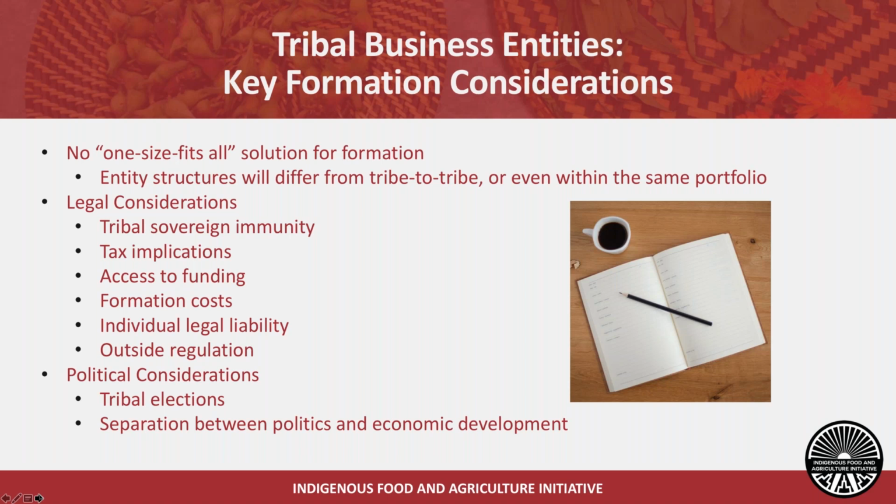There are different formation costs. If you're going to consult a local attorney or a financial professional, if you're going to have to pay a filing fee with the Secretary of State, or whatever filing fee the tribal government might set up, those are things to be cognizant of. Individual legal liability is also going to differ from structure to structure, because some structures provide what we call limited liability, in that the people that get together and form these businesses are not going to be liable for any of the financial obligations of the business.